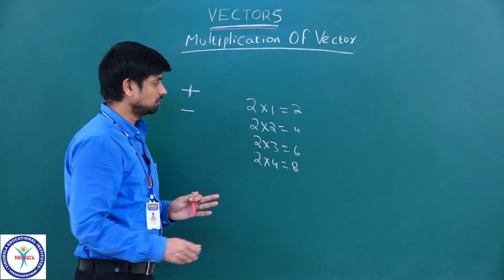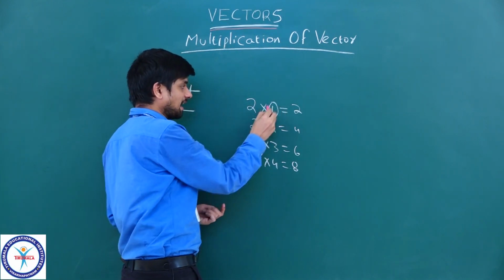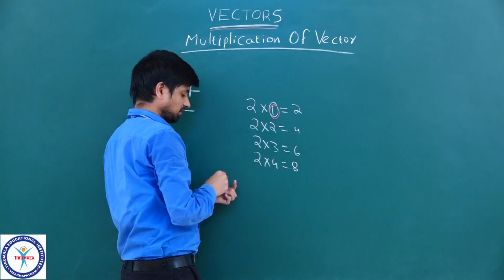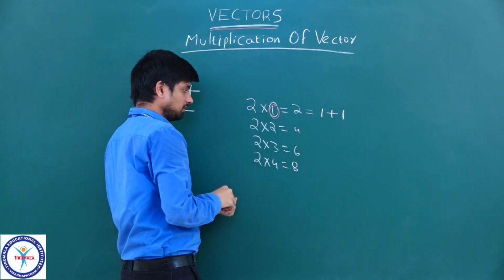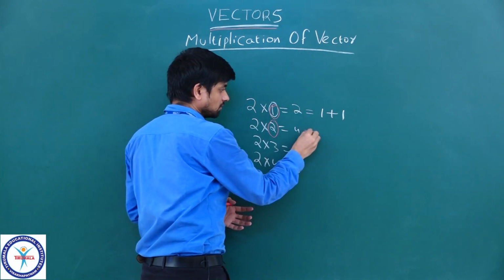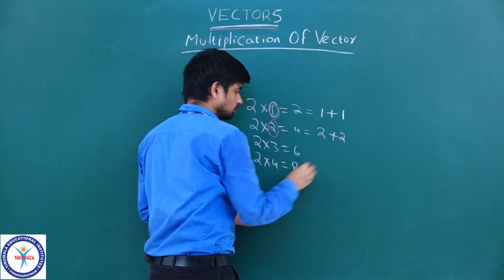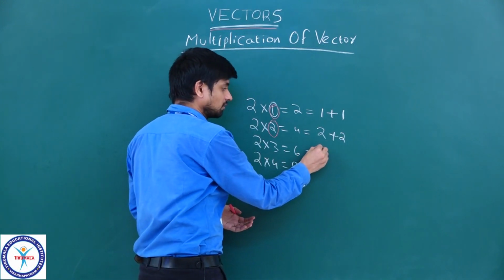How will it be shown? Look at this. Here 1 is being added 2 times, 1 plus 1. Here 2 is being added 2 times, 2 plus 2. 3 is being added 2 times.